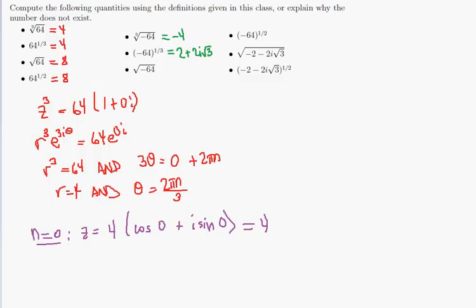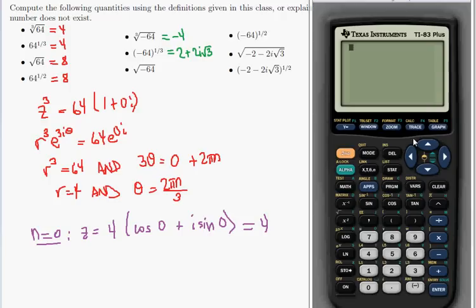Just to show that this actually works on the calculator. This is not a proof, but it shows why the calculator works the way it does. Let's take negative 64 raised to the 1/3 power, the way that we ordinarily do it. Then this is negative 4. Written this way, that is interpreted to be the cube root of 64, the way that we ordinarily think of a cube root.